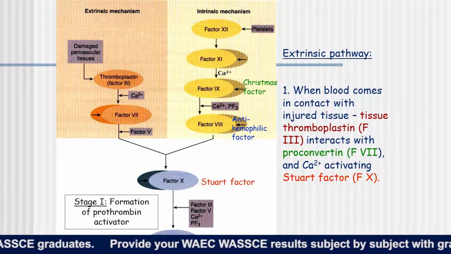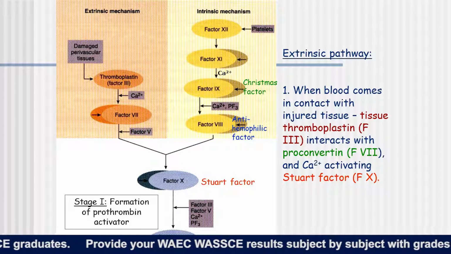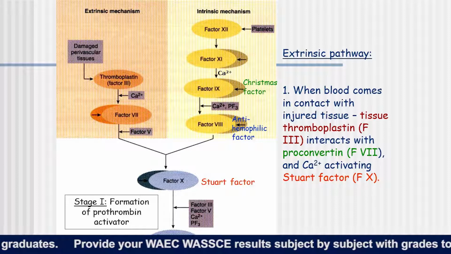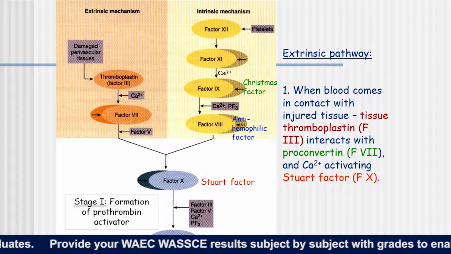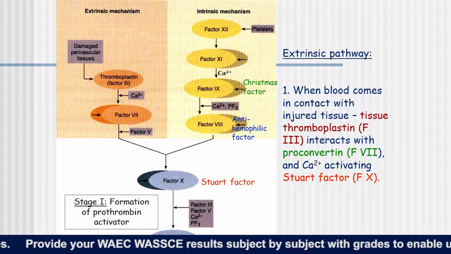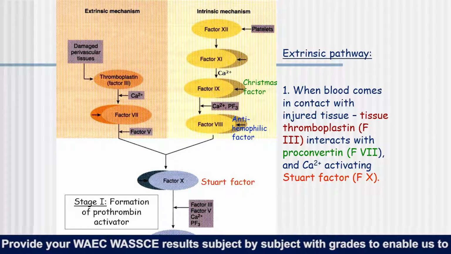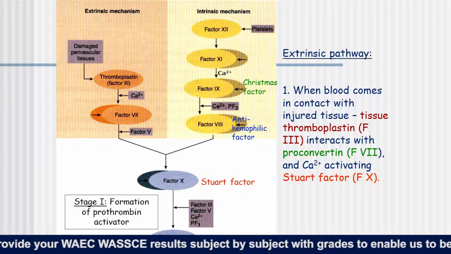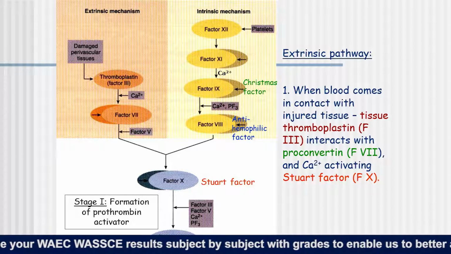With the help of calcium, it brings about the clotting. When blood comes in contact with injured tissues, the tissue thromboplastin, which is factor 3, interacts with proconvertin and calcium, activating the Stewart factor so that it brings about the clotting.